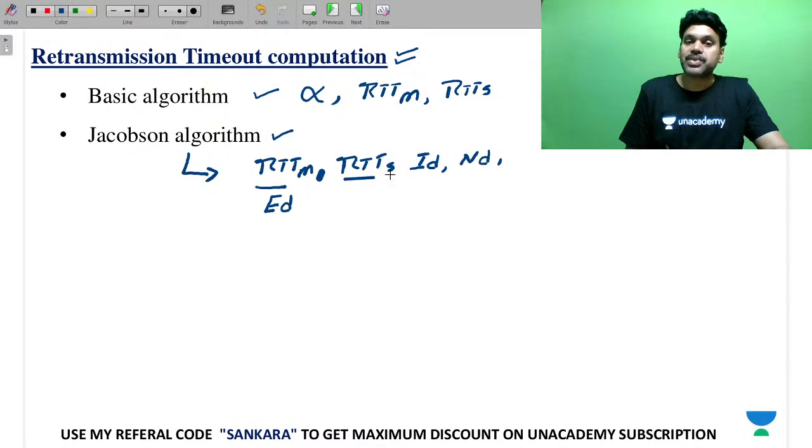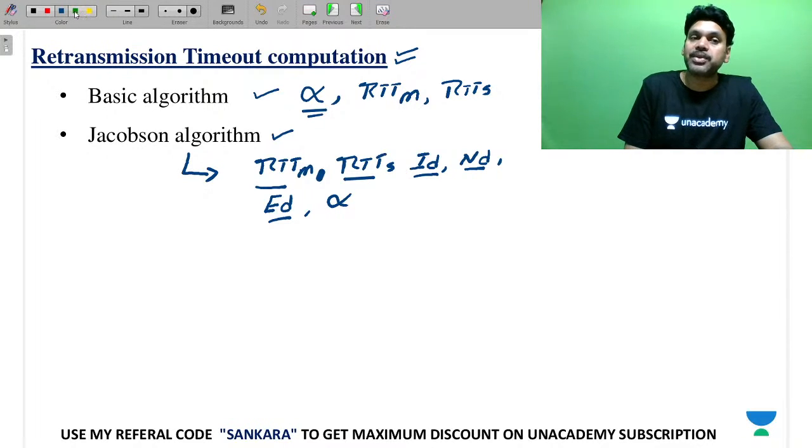These are the values it considers to find the RTO value, including your alpha. What are the extra attributes we take to find the retransmission timeout value? RTTS, RTTM and alpha are common.